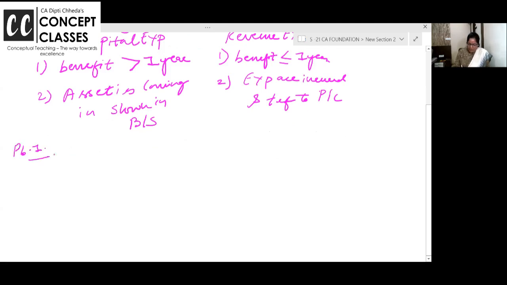Problem number 1. So first answer is false. Overhauling expenditure is not a revenue expenditure. Reasoning लिखो मेरे साथ. Write down all of you.